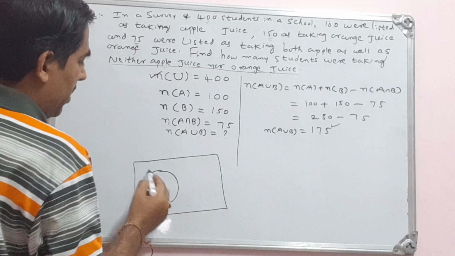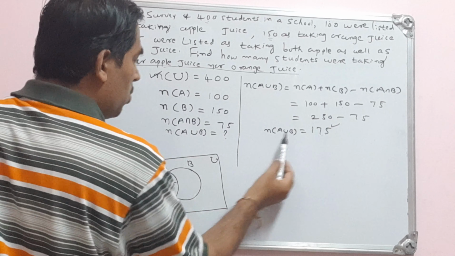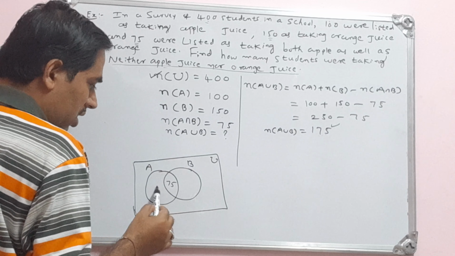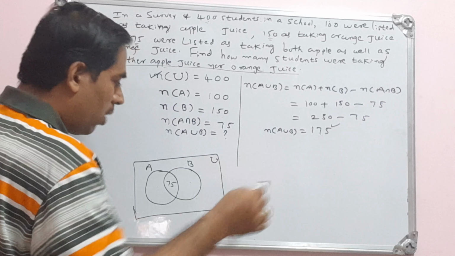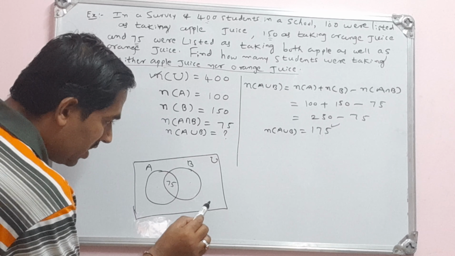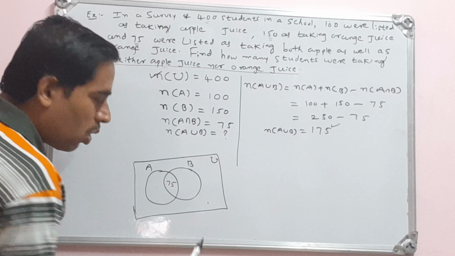Students who like to drink both the juices, that is 75, I can write here. Now 175 is the union. If I add all these things, this plus this plus this, I will get 175. I don't want that. I want this here, outside. So they are the students.